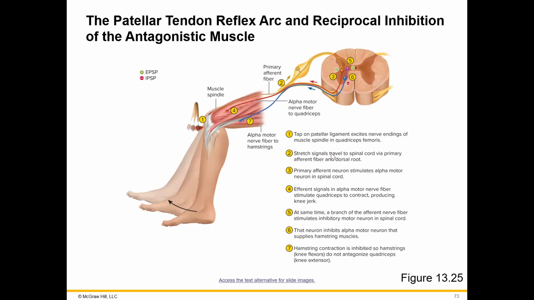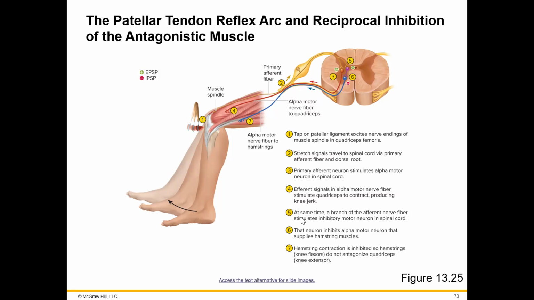Then the stretch signal travels to the spinal cord via the primary afferent fiber and the dorsal root. The primary afferent neuron stimulates the alpha motor neuron in the spinal cord. Then the efferent signals in the alpha motor neuron fiber stimulate the quadriceps to contract, producing the knee-jerk reflex.